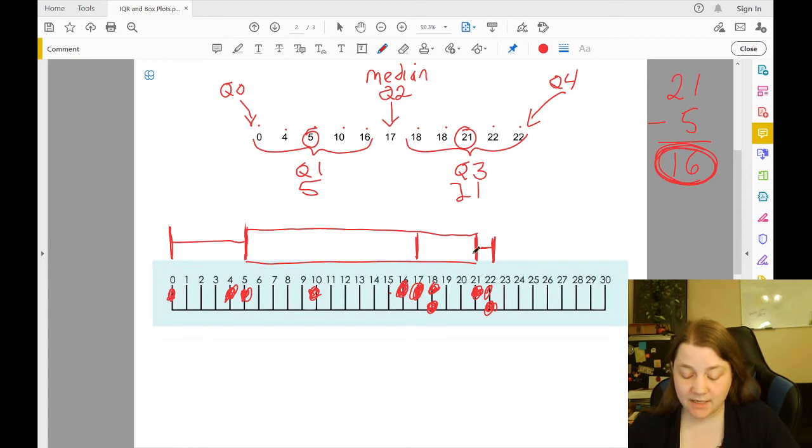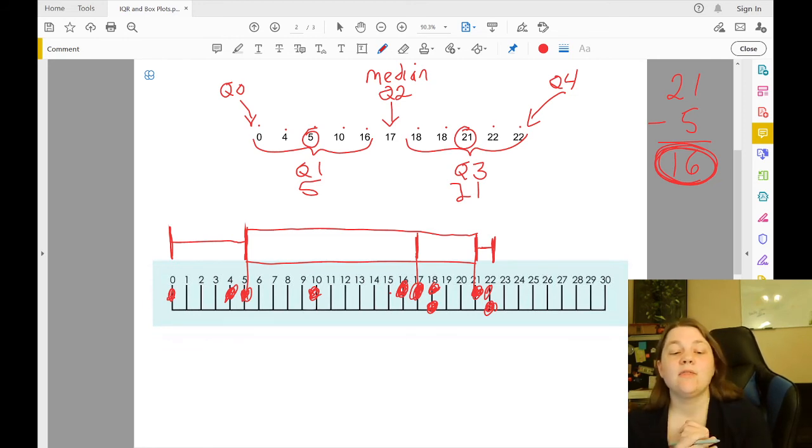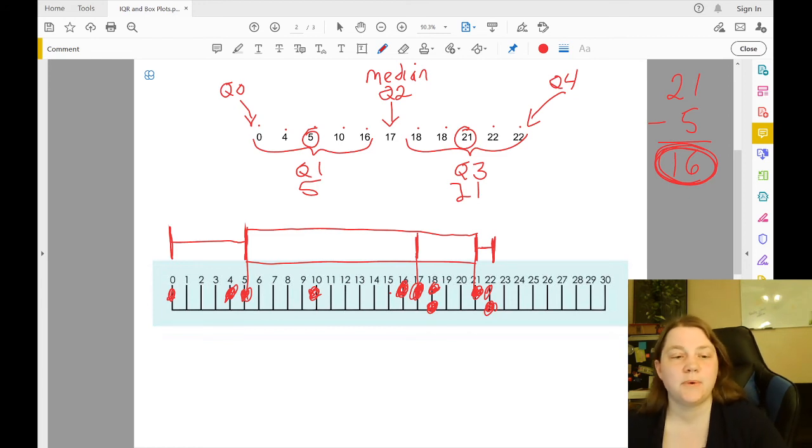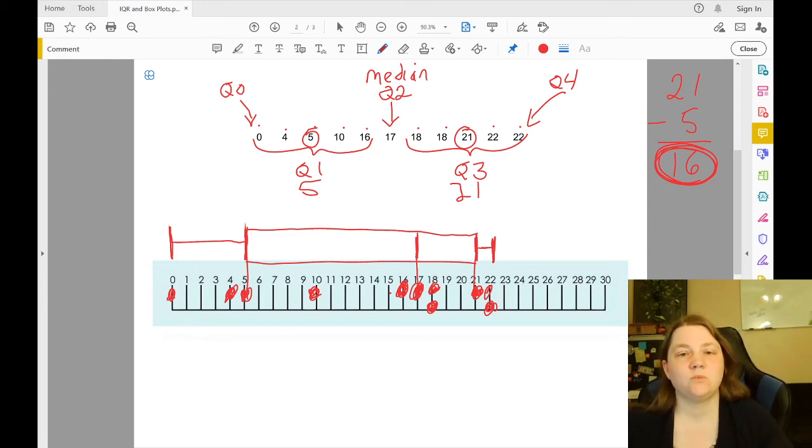And that's what the box and whisker plot shows also. We have some of the dots that are right on the median, some that are right on the lines, and other dots that fit in between there. You can see that there are more numbers closer together at the top, and the numbers are more spread out at the bottom.